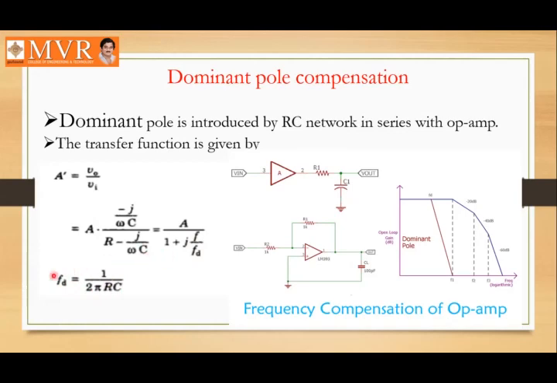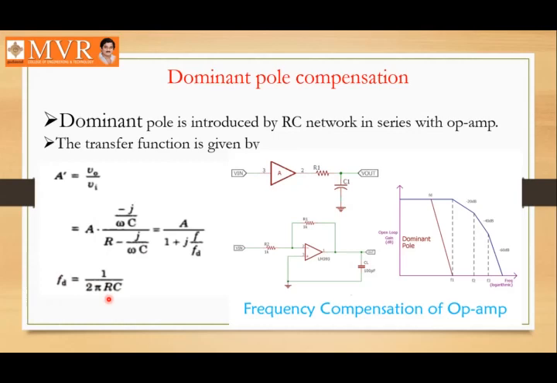So this point fd is chosen such that, by selecting proper R and C components, we can adjust this fd by adjusting R, or by adjusting the capacitance C1. We can adjust both, or any one of the components. Here mainly we adjust the capacitive component to maintain this fd.